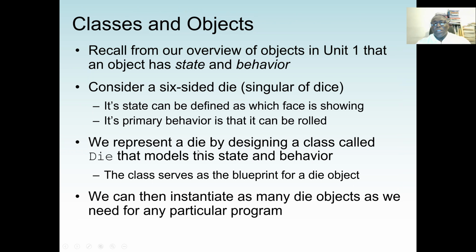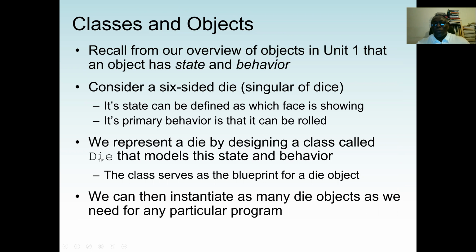So we can represent a die by designing a class called die that models this state and also behavior. So I may have a class named die, and maybe I may have only one instance variable, which will be the face. And I may have one method, which would be to roll the die. And as we said earlier, in object-oriented programming, the most important method is the constructor, because anytime we create an object, the constructor will initialize the object.